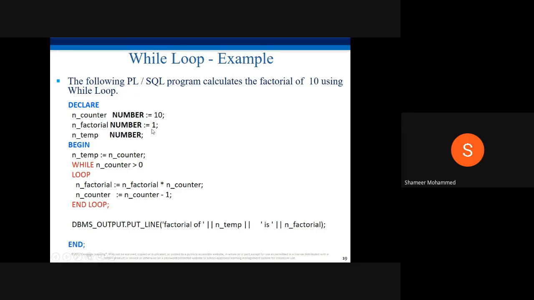Initial value 1. The last number value is 10. And this is the variable to store the result. Temporary value. So counter, that means this one 10 is copied to this one. You are going back here 10, 9, 8, 7, 6 up to 1.